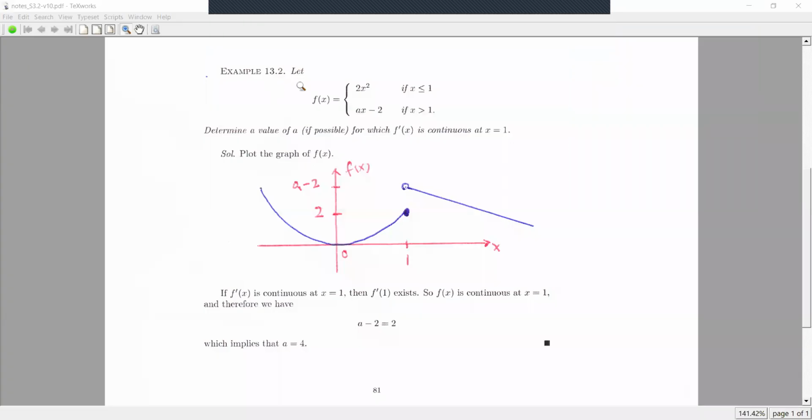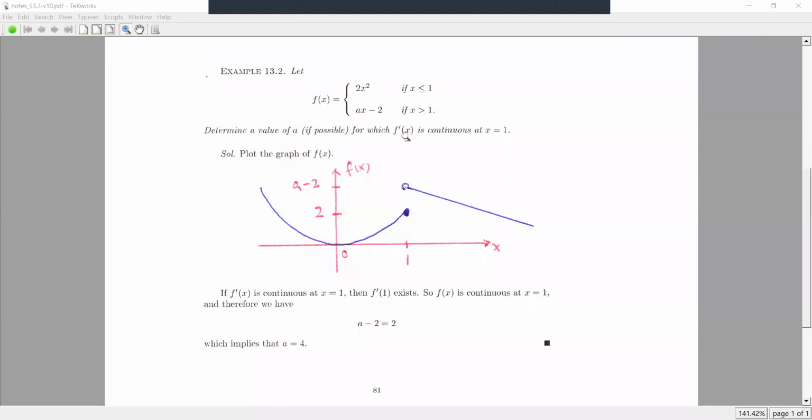Example 2. Let f be this piecewise defined function, where a is some number. Determine a value of a for which the derivative function is continuous at point 1.